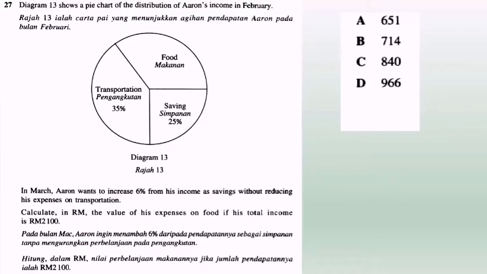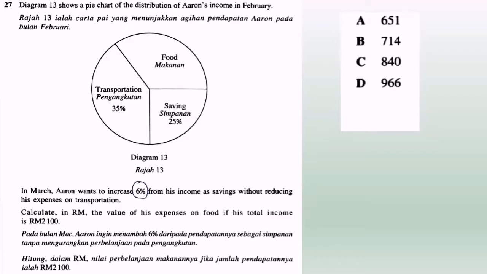Diagram 13 shows a pie chart of the distribution of Aaron's income in February. In March, Aaron wants to increase his savings by 6% of his income without reducing his expenses on transportation. Calculate in RM the value of his expenses on food if his total income is 2,100.